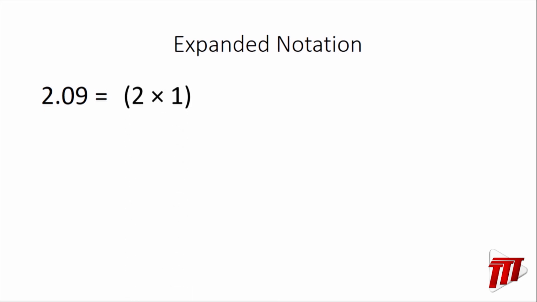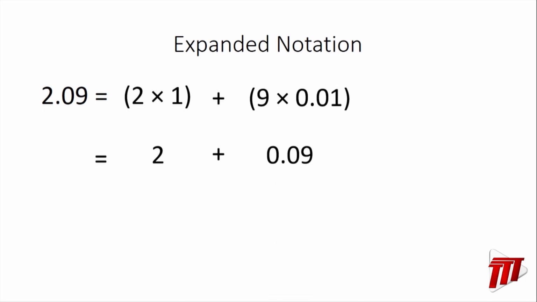The value of the 2, 2 times 1, plus the value of the digit 9, 9 times 0.01, expressed in decimal notation. 2 times 1 is 2, plus 9 times 0.01, 0.09. So 2 9/100ths expressed in expanded notation is 2 plus 0.09.